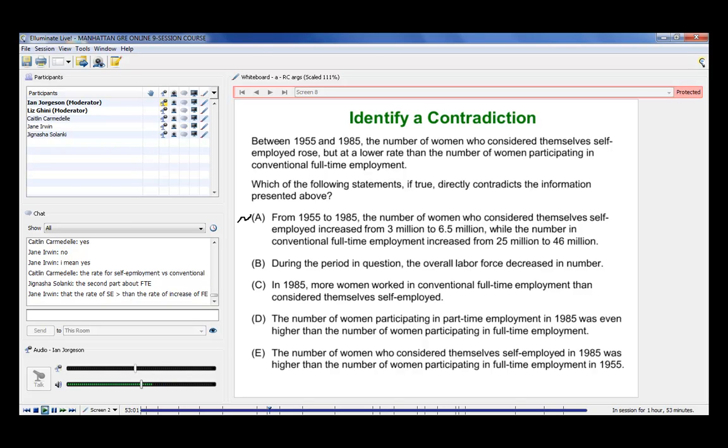Yeah, so given this answer, what's the rate of increase for self-employed? Oh yeah, more than over 50%. No, it's actually greater than 100%, right? Because it's an increase, right?